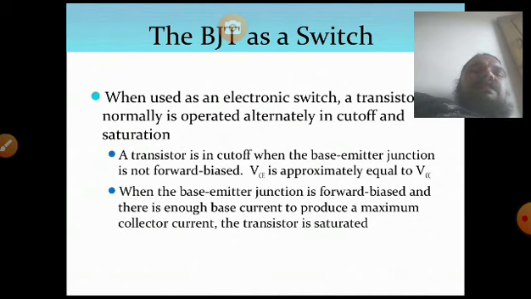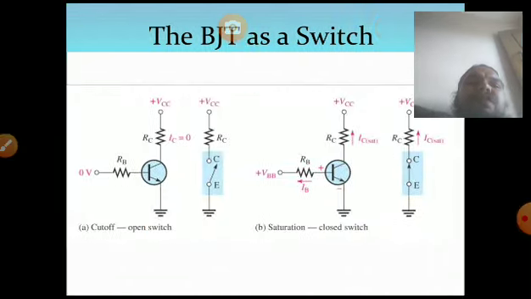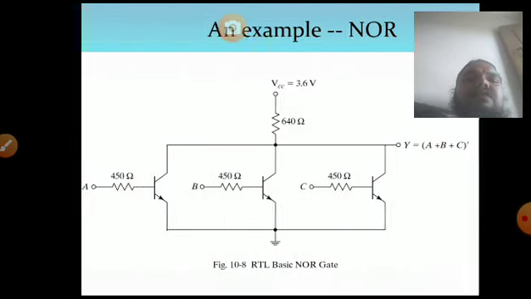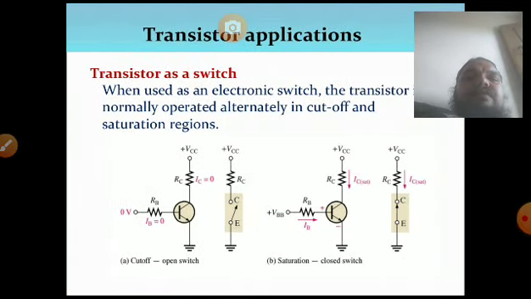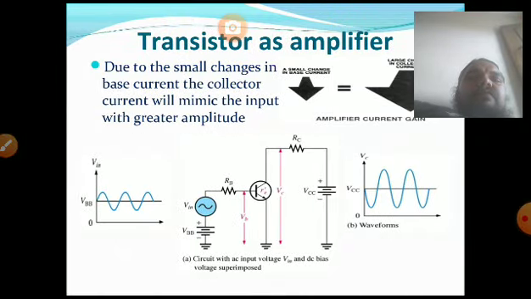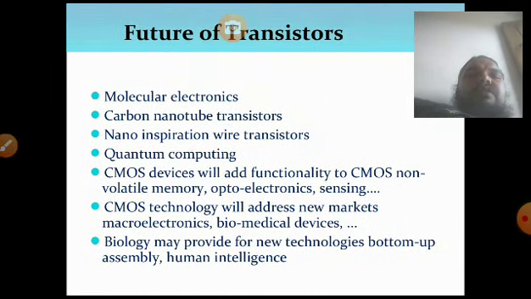When the base-emitter junction is forward biased and there is enough base current to produce maximum collector current, the transistor is saturated. The basic BJT switch. This is the information on transistors.